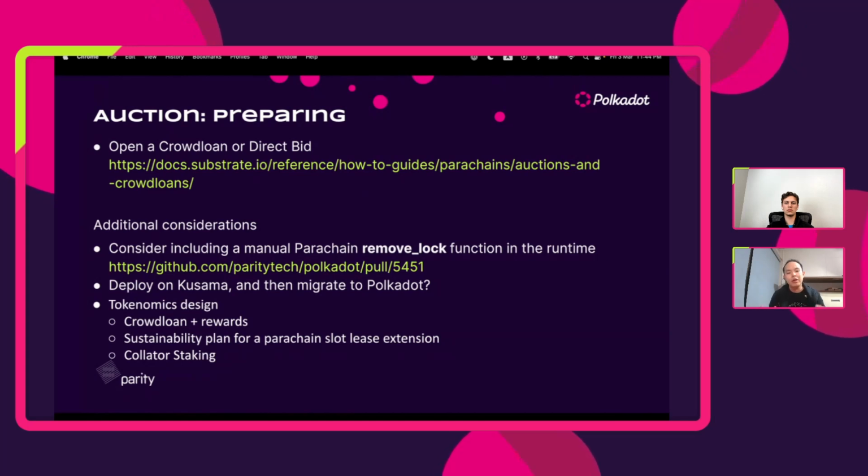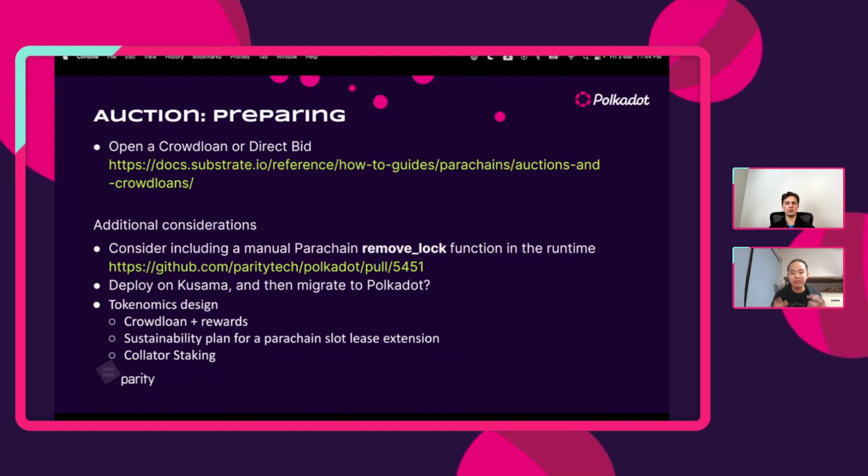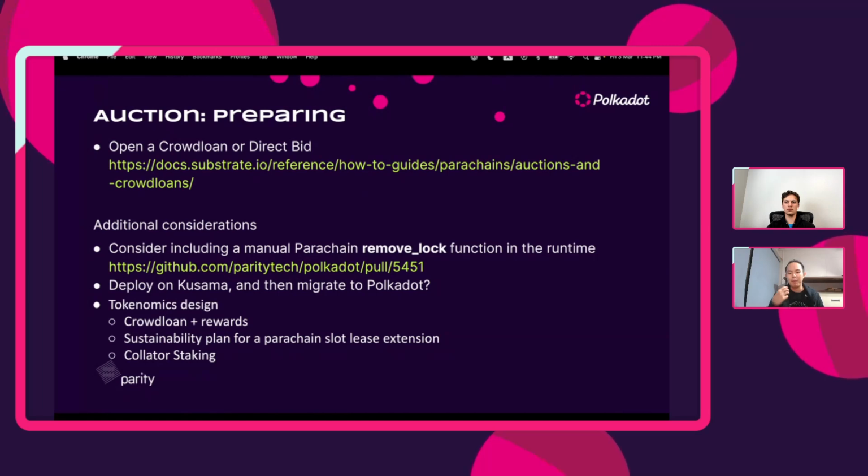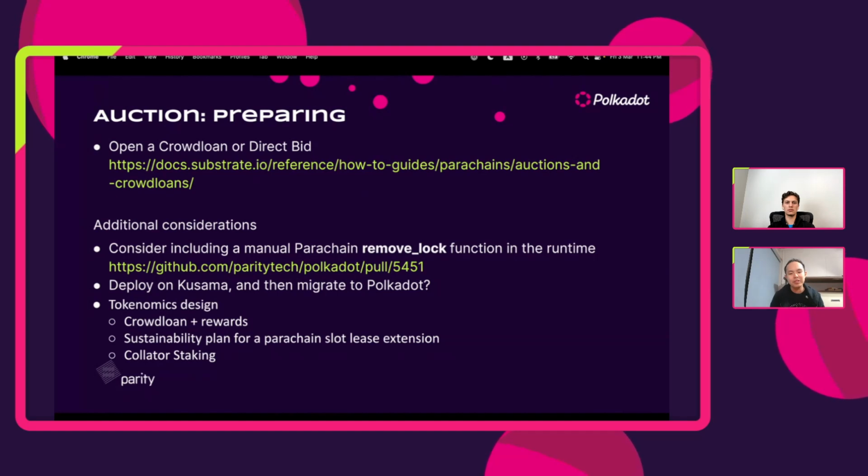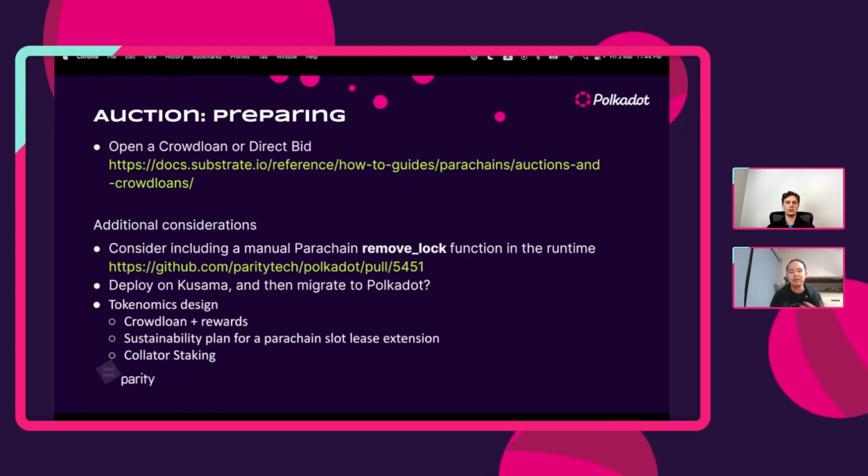But if you look at Kusama at this stage or at certain stages, it might be relatively cheaper. So considering things like deploying on Kusama first, enabling a pilot, doing more testing, adopting more community members before actually considering the migration to Polkadot might be a good solution or a middle ground solution to help you achieve your project.